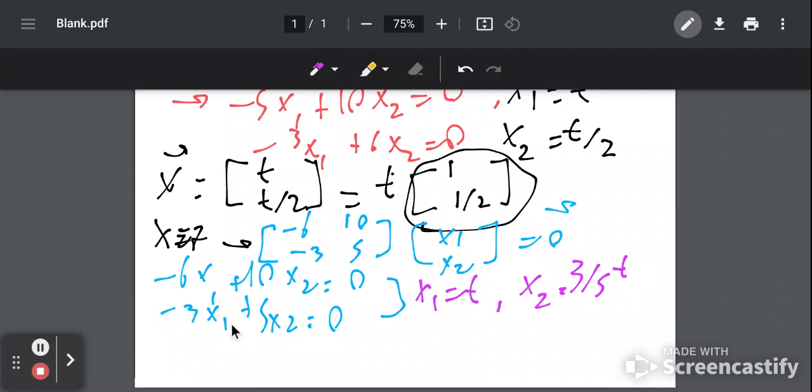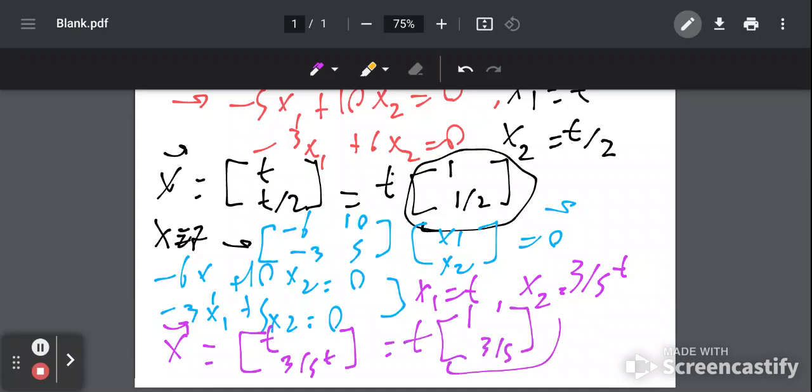Negative 3t plus 3t is 0. So the eigenvector becomes the vector t and 3/5 t, which is the same as factoring out the t, giving 1 and 3/5, and that is our eigenvector.